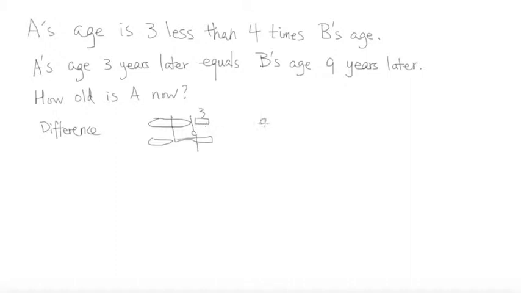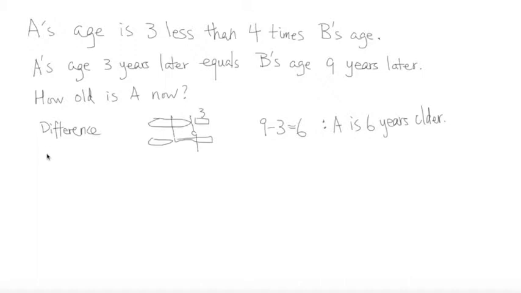So 9 minus 3 is 6. That's the difference between the age of A and B. A is 6 years older.